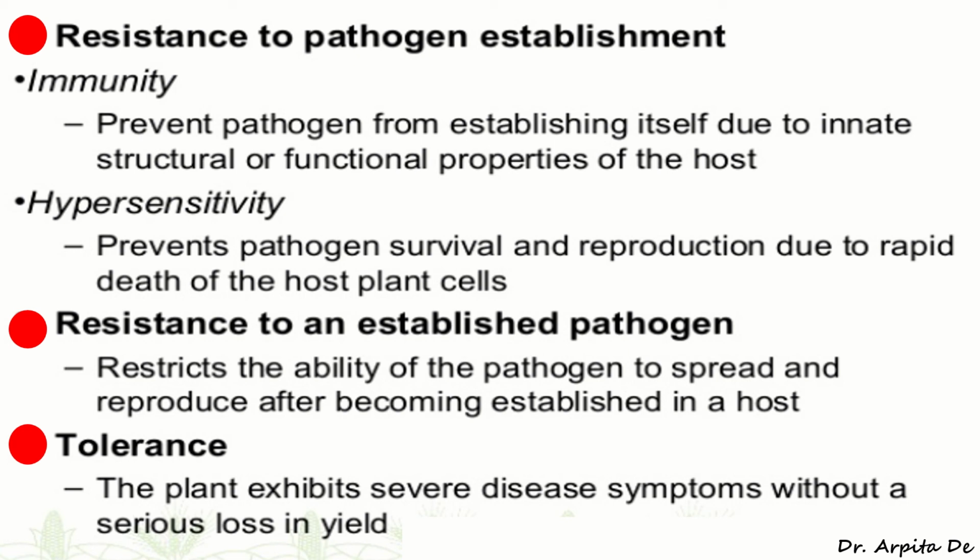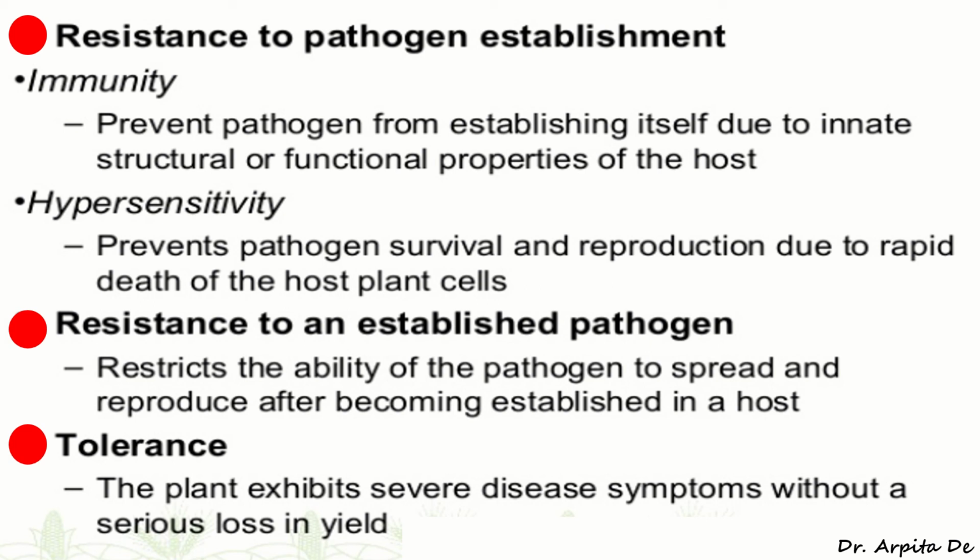Then we come to tolerance. The plant exhibits severe disease symptoms without a serious loss in yield. In most cases, what do we see? If a plant is affected by a disease-causing organism, the first thing that happens is the healthy appearance changes and the yield becomes less.